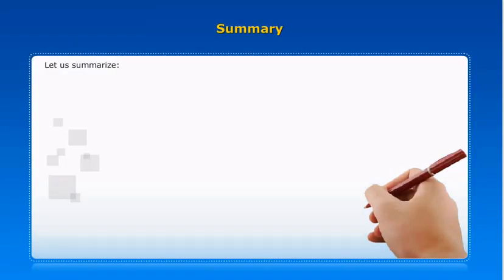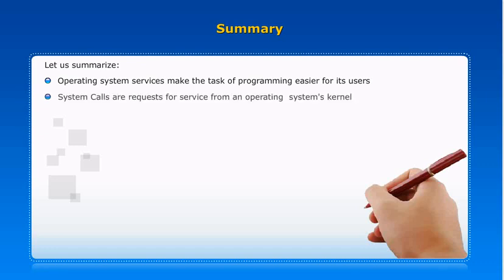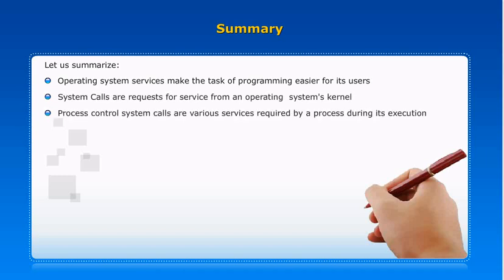Summary. Let us summarize. Operating system services make the task of programming easier for its users. System calls are requests for service from an operating system's kernel. Process control system calls are various services required by a process during its execution. File management includes system calls for file operations.